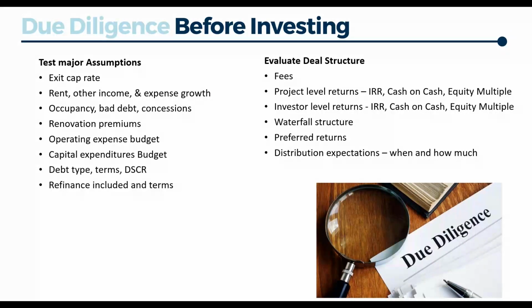Really, where I focus, and as we talk about value add, it's thinking about, okay, can I take a C property and make it a C plus or even a B minus, right? Or can I take a B property and turn it into an A property because I can add amenities. I can go from laminate countertops to quartz countertops. We can add stainless steel appliances, things like that.